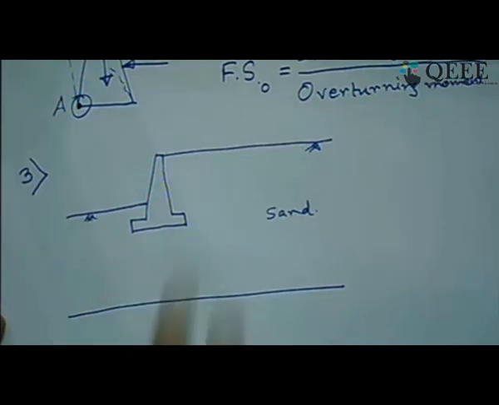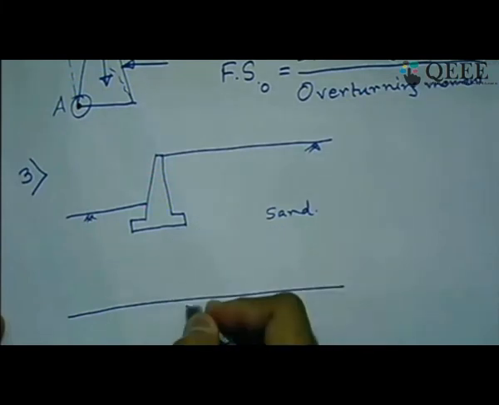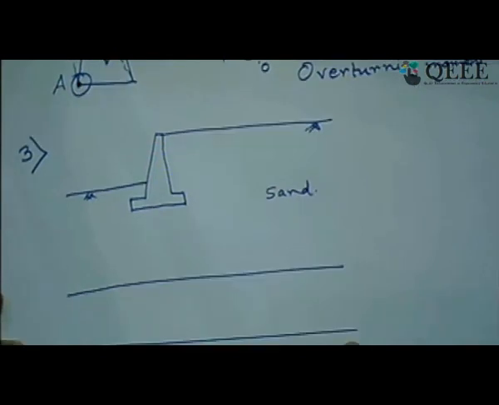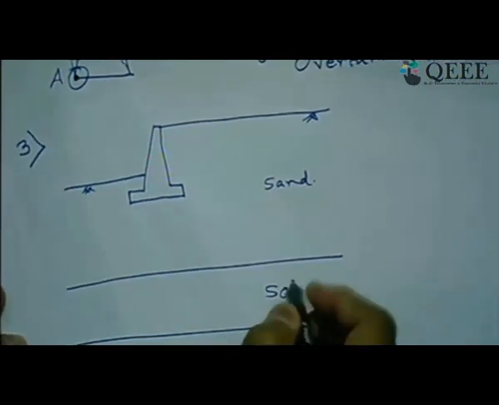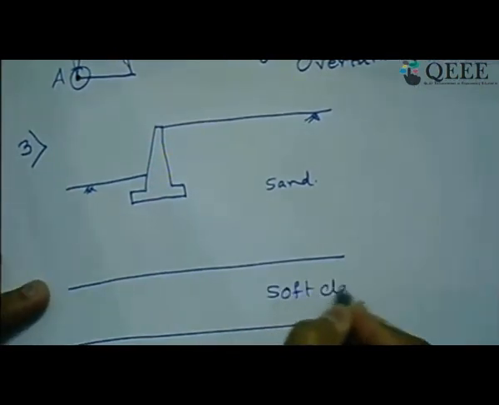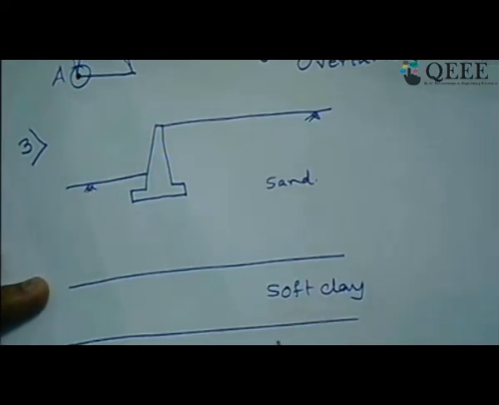So it is safe in this layer of sand, etc. But within a finite depth, suppose there is a very soft layer. Let us say this is a very soft clay layer present over there, and then again a stiff layer.